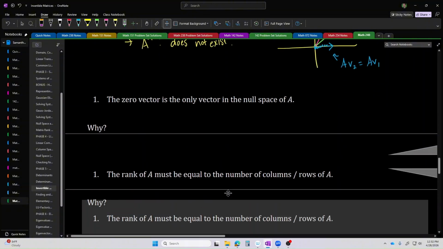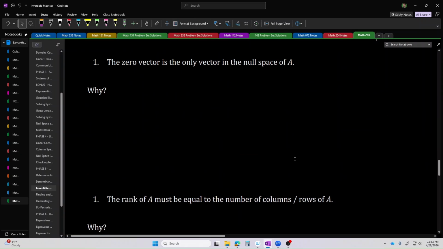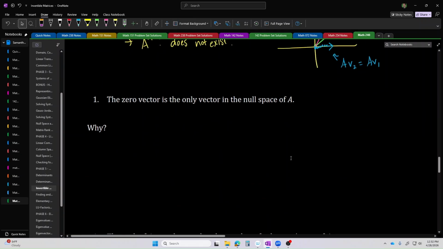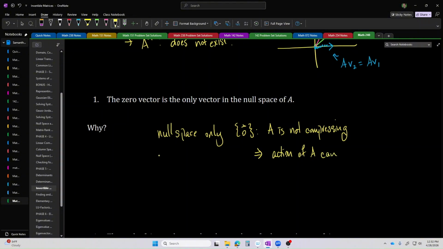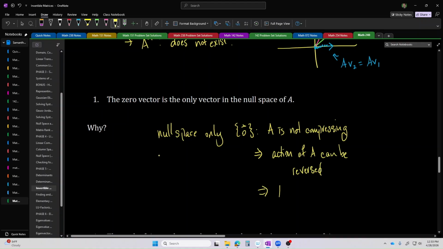Another indicator of whether your matrix is invertible or singular comes from looking at the null space of A. If the null space of A contains only the zero vector, then that's a sign that A is not compressing or losing any information, and so the action of A can be reversed, which is a sign that A inverse exists.